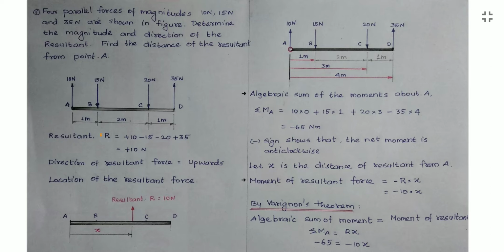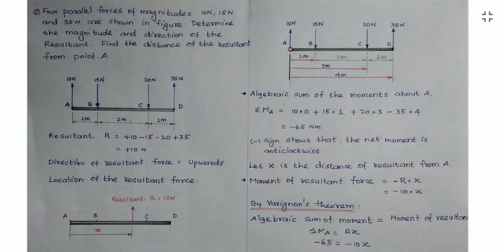Here, the vector sum of the four forces gives a single force. Instead of the four forces, this one force is enough, and it gives the effect of the four forces. The combination of four forces gives only one force, that is the resultant. So we have to find the resultant.